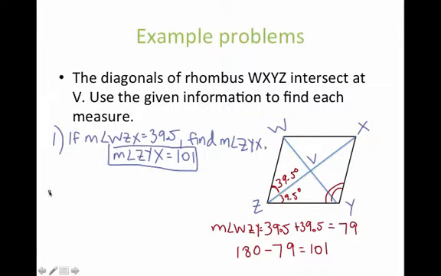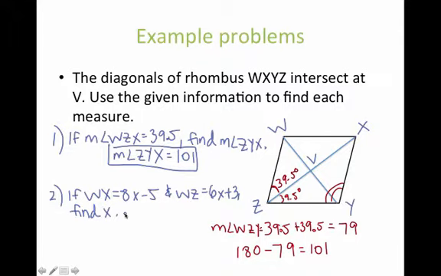And the next example problem I want to do is dealing with segments. So if WX equals, let's say, 8x minus 5, and WZ equals 6x plus 3, I want to find x. So let's see. WX is right here.